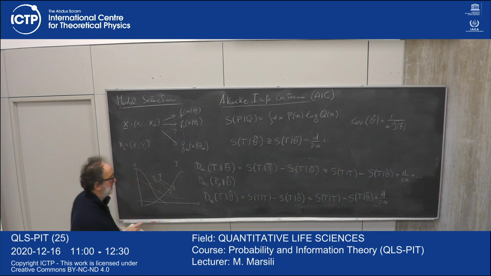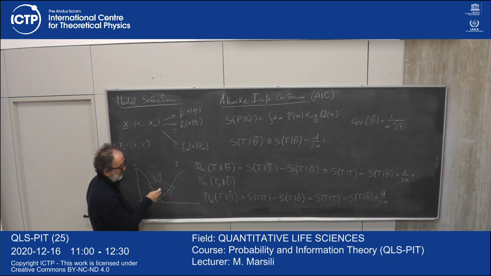And now the idea is that here I have this distance here. And now what I want to say is that t is very close to my empirical average.